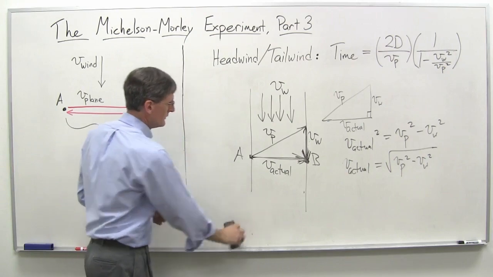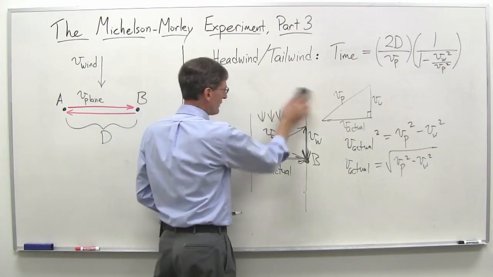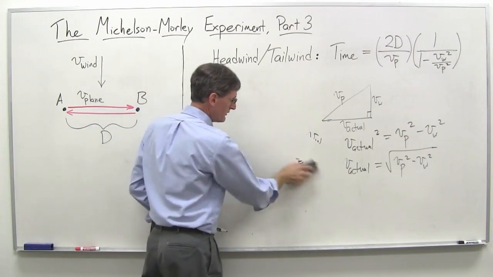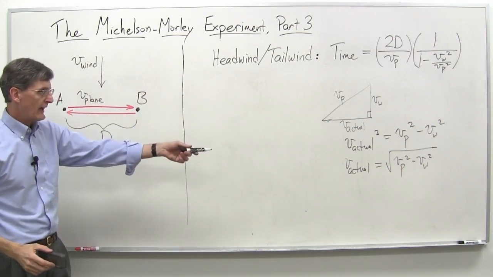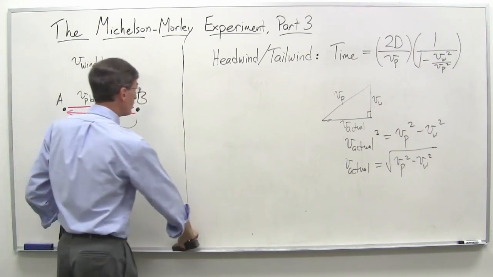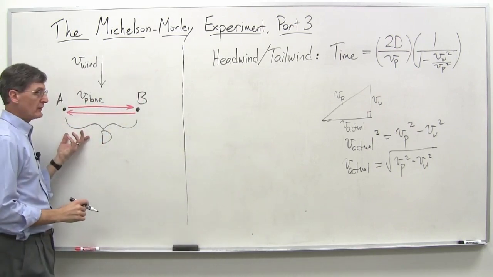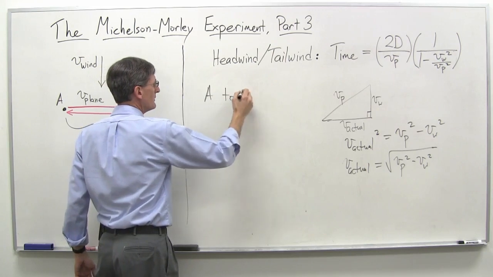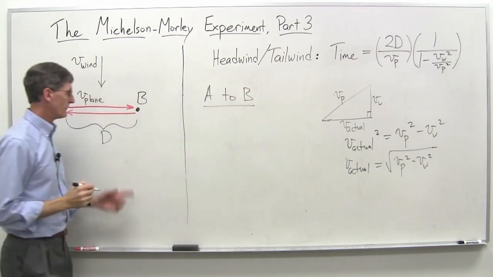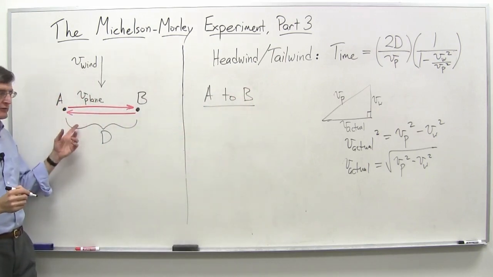So we'll erase our river here, or the plane situation like that. We know what V actual is now. We just found that out. So what's the time? So let's just go, first of all, A to B. The A to B travel time is going to be the distance. Right?